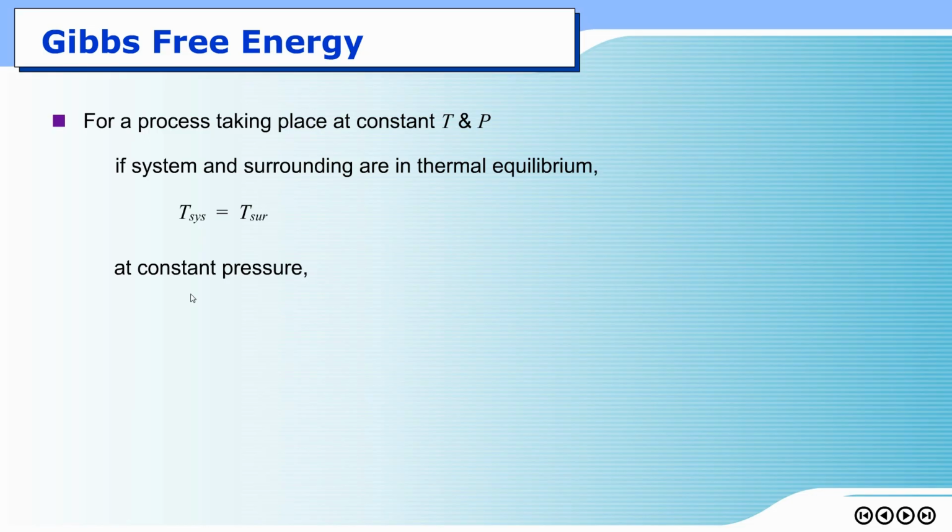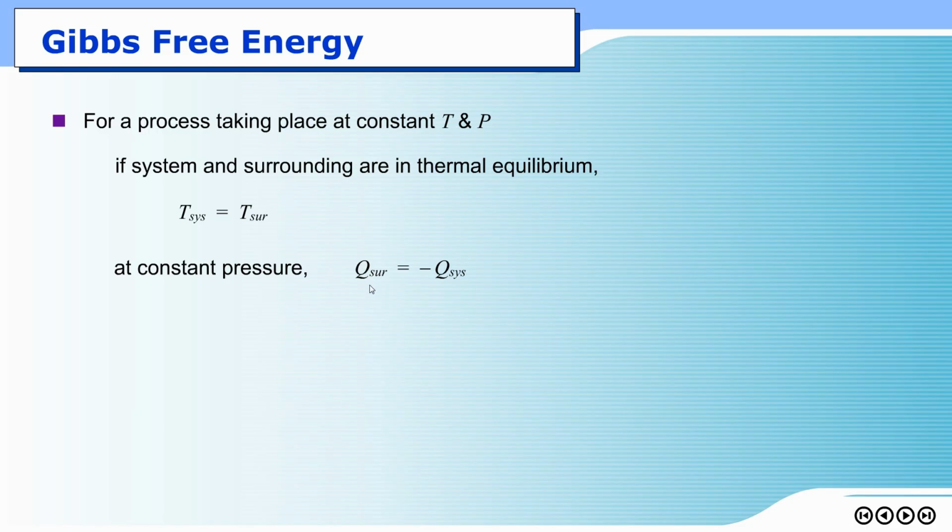In this case, if you consider heat transfer from the surroundings to the system or from the system to the surroundings, we can make a relationship that the amount of energy transferred as heat into the surroundings should be the same in magnitude as whatever comes out of the system.